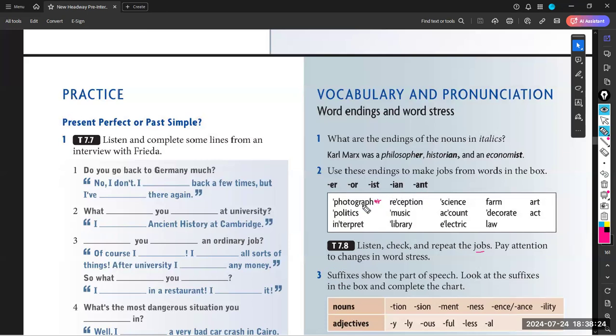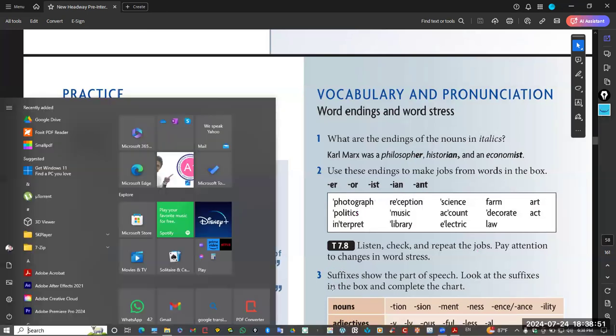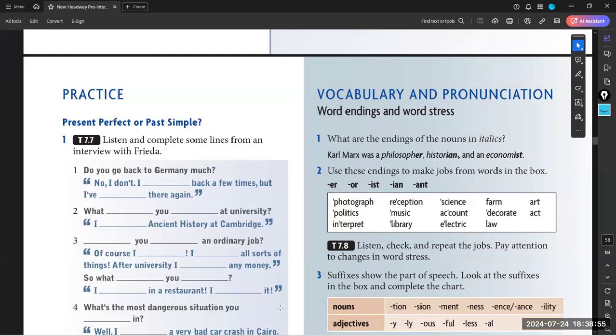Okay, it is politician. So politician is the person or the job about this word. So I have to remove the S and just write I-A-N. Now, by writing I-A-N, this word, politician, is the person who is managing the politics.